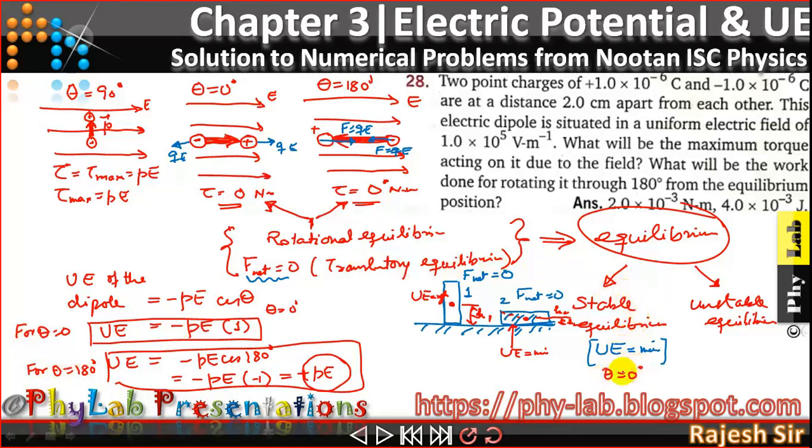So this becomes the stable equilibrium position when theta is 0. That means p is parallel to electric field, and the unstable equilibrium position comes out to be for theta equal to 180 degree, that is, p is opposite to the electric field vector. So take care about these two positions. They will help you to understand and to solve the problem.